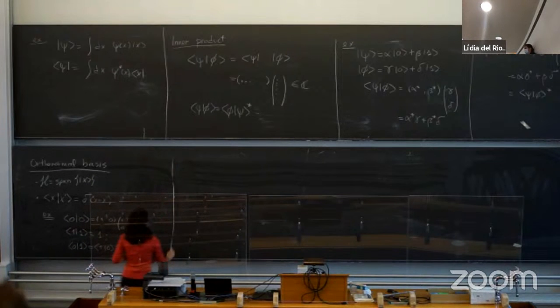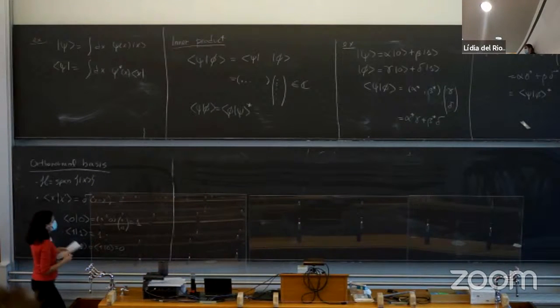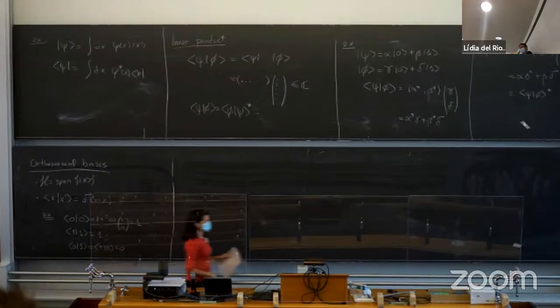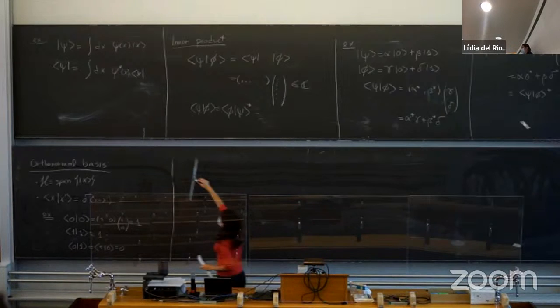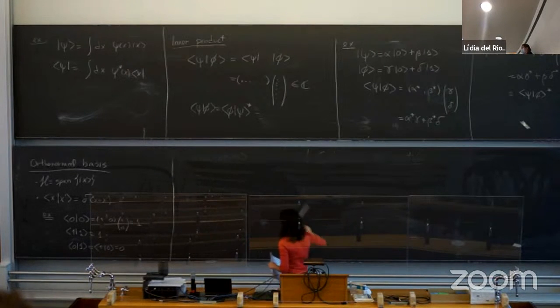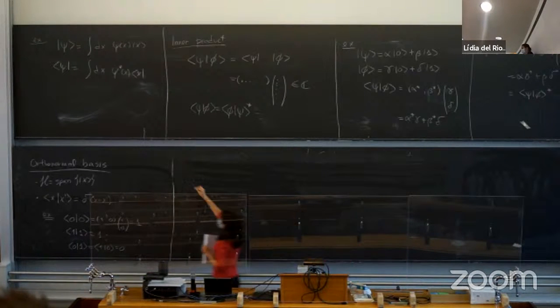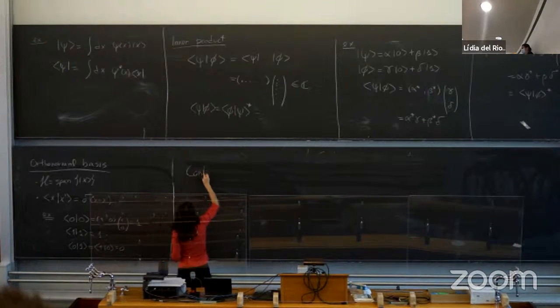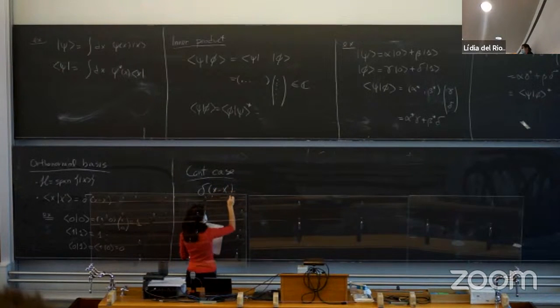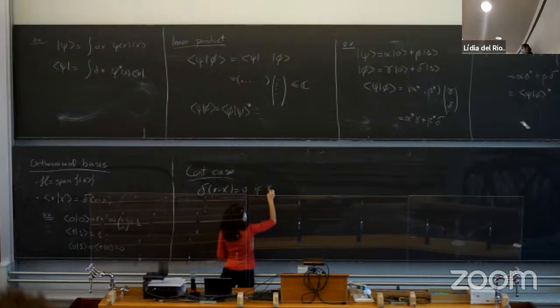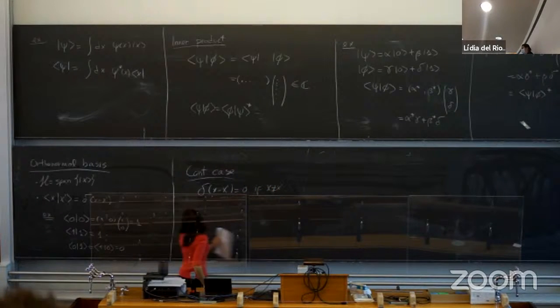In the continuous case, we need to be a little bit more careful, because now this delta is a Dirac delta function, but we will not care much about the details. We just need one property. It's 0 if x is different from x prime, which is the same as the discrete case.